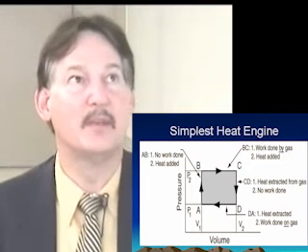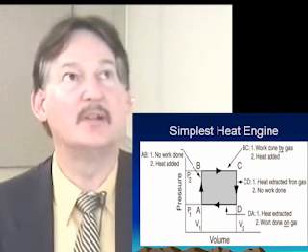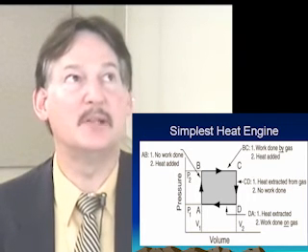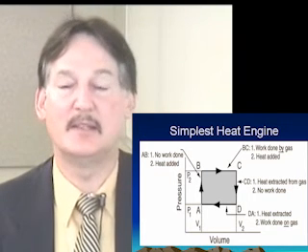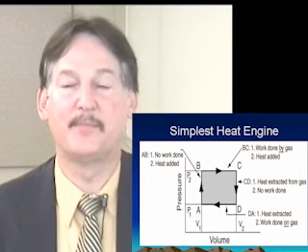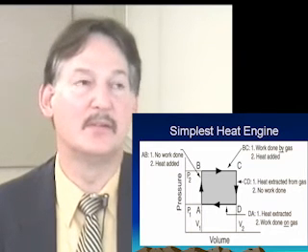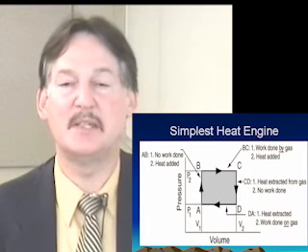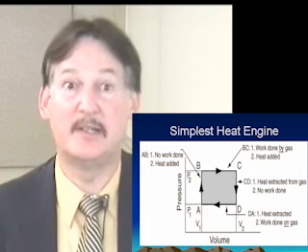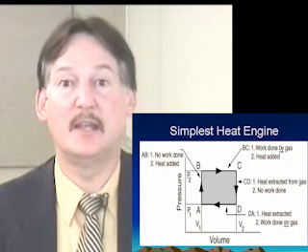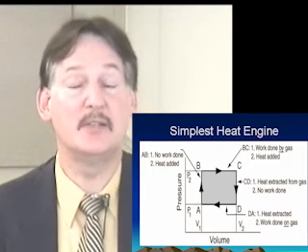Okay? So we have the engine doing work, the gas doing work from line BC, and the gas having work done on it from line DA. And so the difference in those areas, the area under the line BC minus the area under the line DA, represents the shaded area enclosed in the cycle.